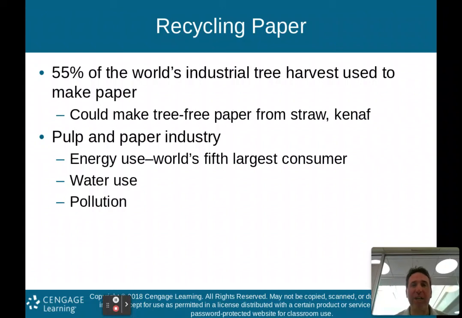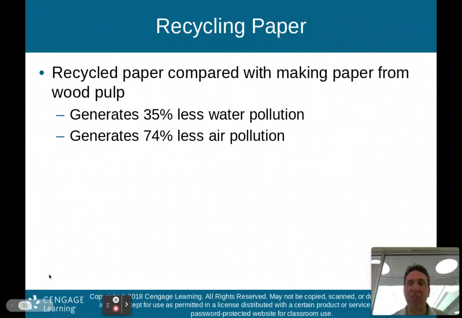The pulp and paper industry is the world's 5th largest consumer of energy, right? Water use and pollution. So to make this paper, we've talked about this, you need energy, you need water, and pollution occurs. So again, we need to recycle paper. Not only will it save trees, but it's going to save energy and decrease our pollution as well.